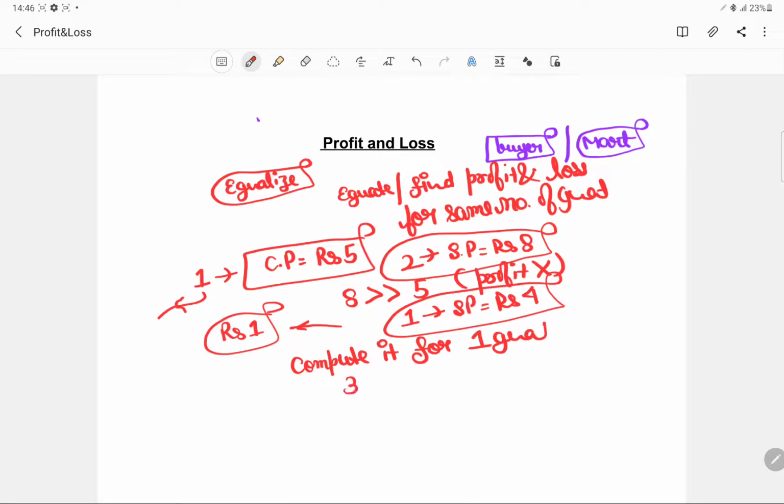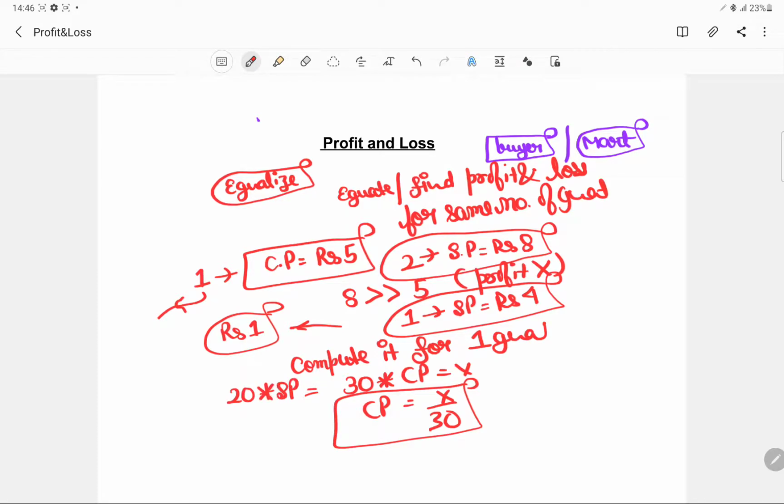For example, the cost price of the 30 articles was X. So the cost price of one article was X by 30. Now this was actually equal to the selling price of 20 items. So the selling price of a single item was X by 20.